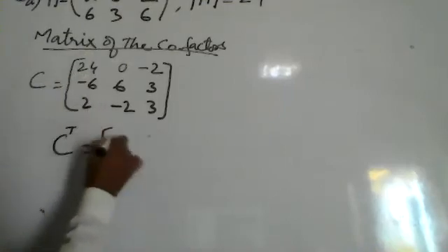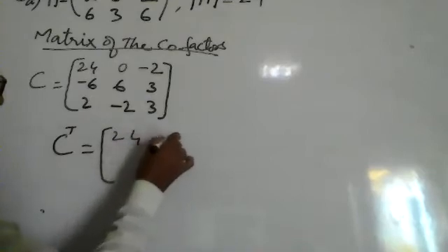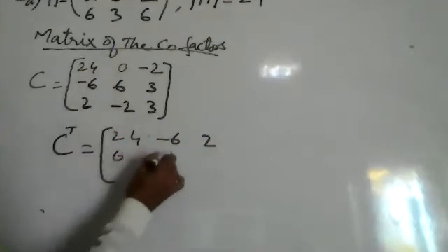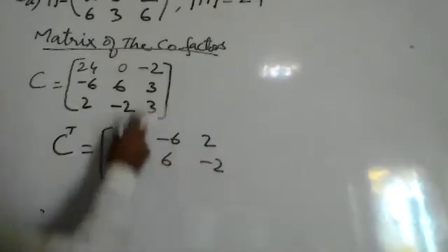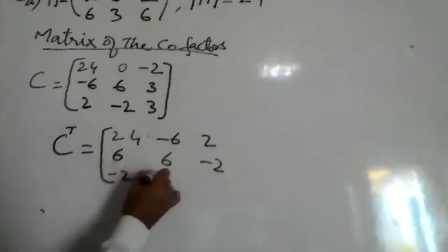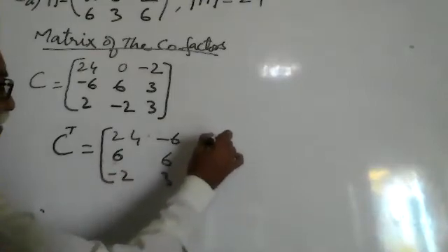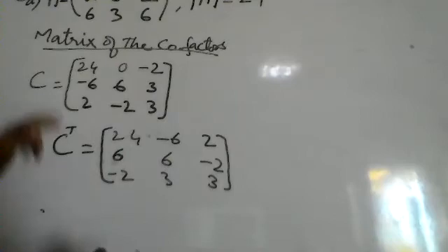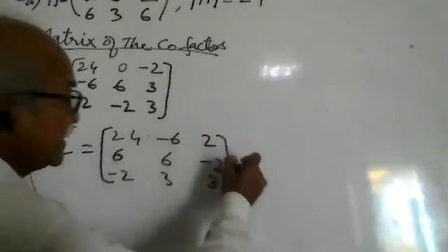The first column will be converted to the first row, the second column to the second row, and the third column to the third row. This is C raised to power T. This is called the adjoint of the matrix.